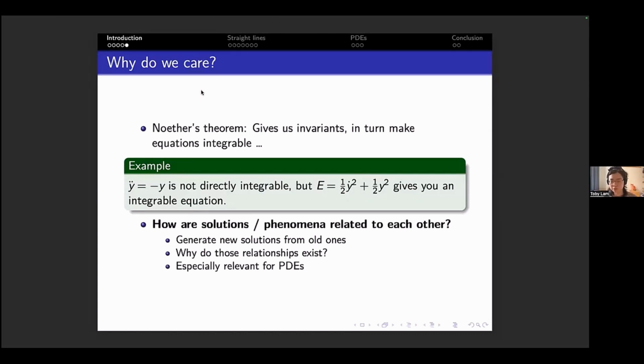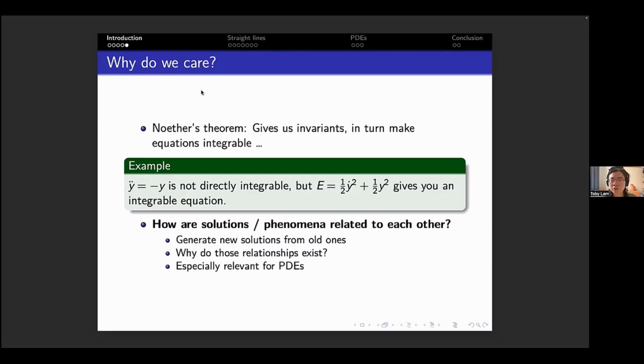There are mainly three reasons why we care about this. We can generate new solutions from old ones. We can understand why these relationships exist in the first place, which tells us a lot about the physical phenomena at hand. And this is especially relevant for PDEs, because the solutions to PDEs are often very complicated, and so symmetries there would really help us understand them more.